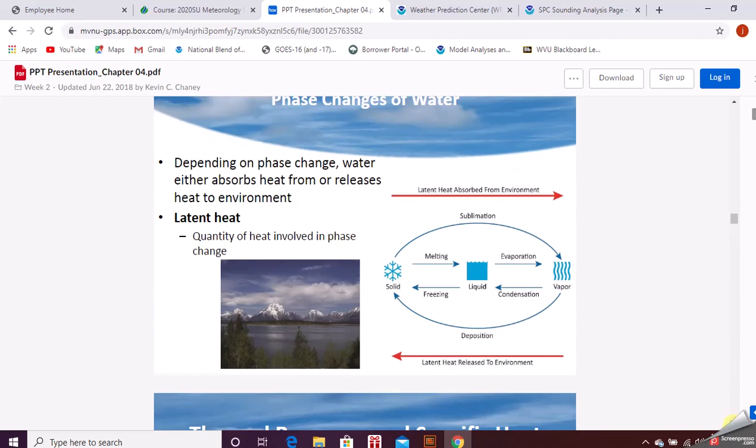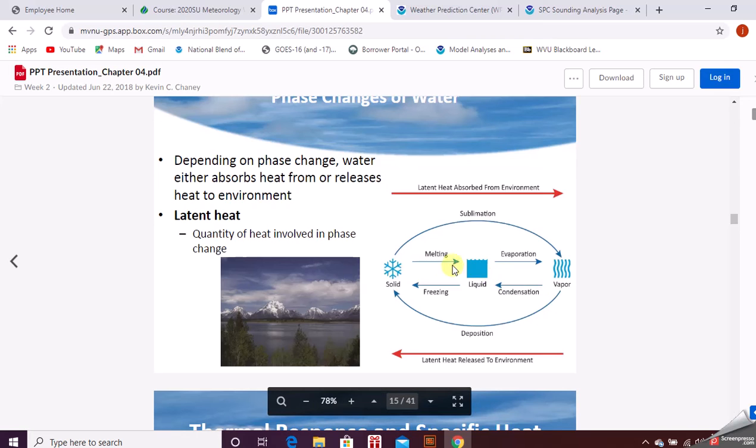Now the phase changes of water. All right. If you're in a gas and you go from a gas to a liquid, the molecules that were moving freely in a gas can't move as well, can they? So that means that some heat must be released, because their molecules are now going into a more compact state.